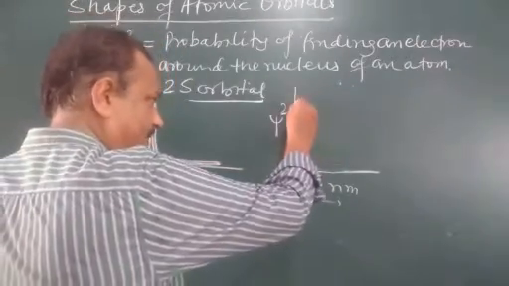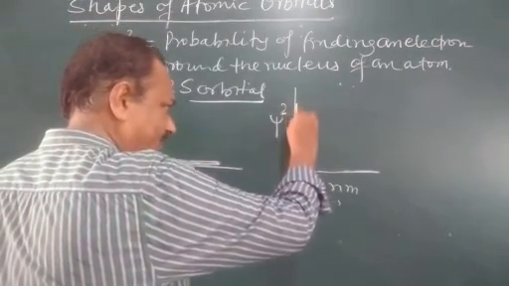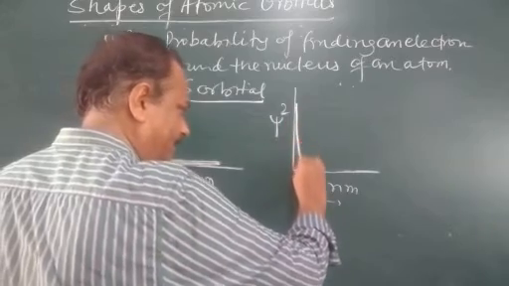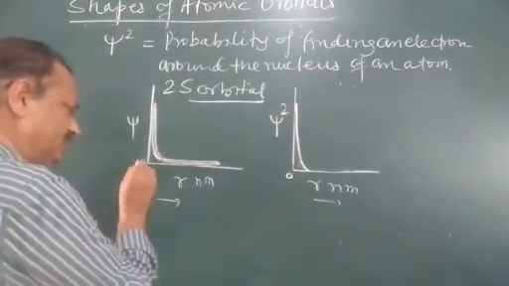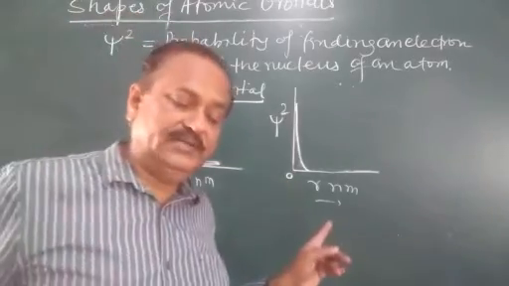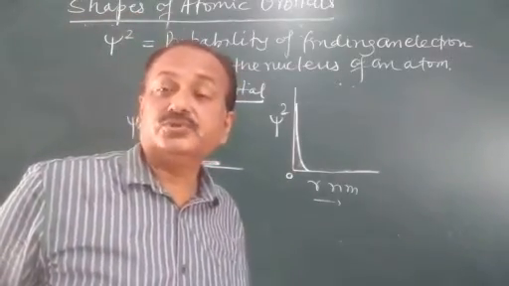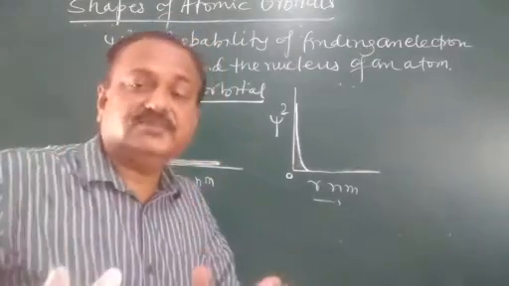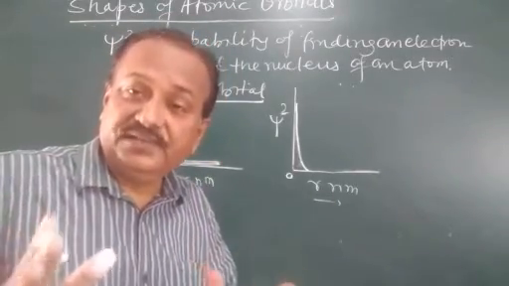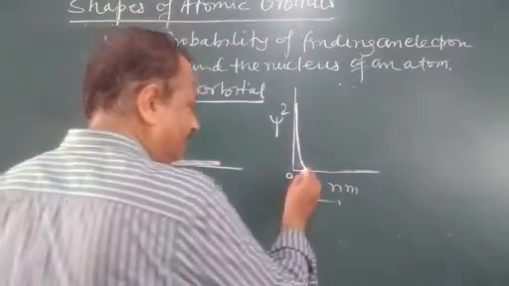Initially it is like this. It is coming here, and here it is 0. At a certain point the value becomes almost 0, but 0 does not mean 0. The chance of finding an electron is very, very scarce.